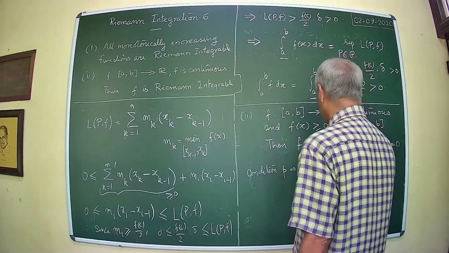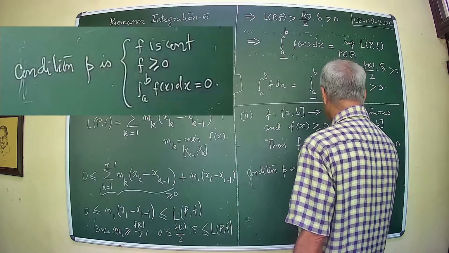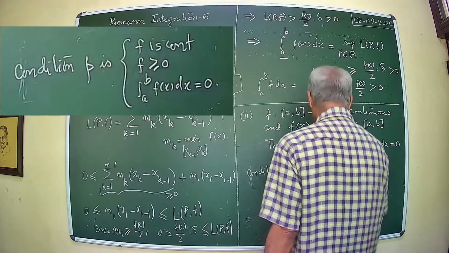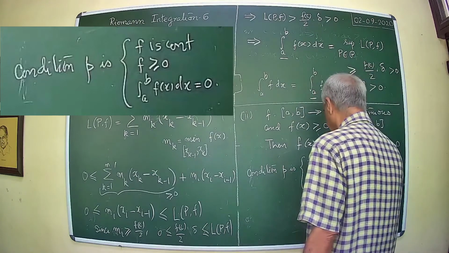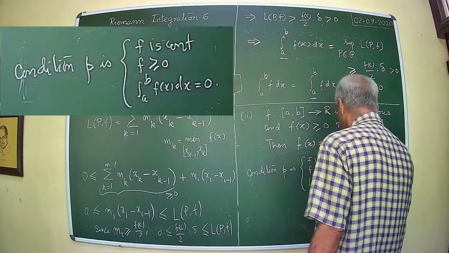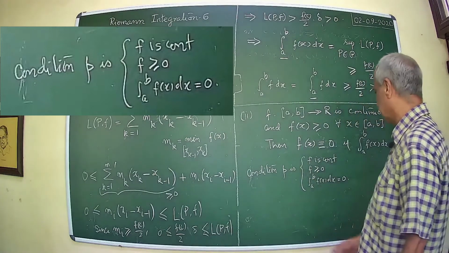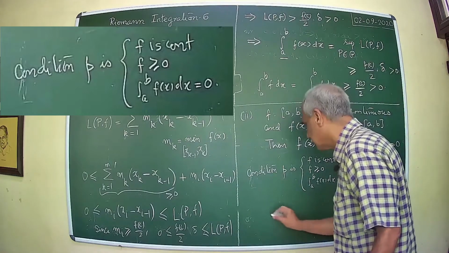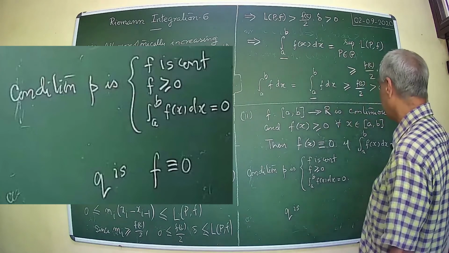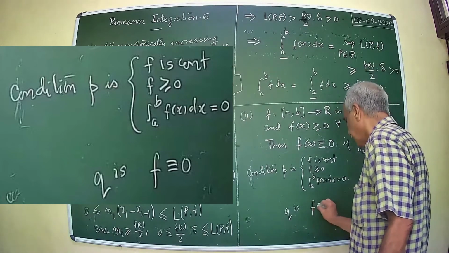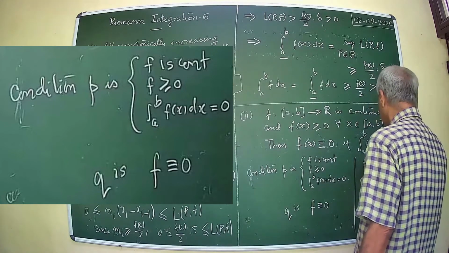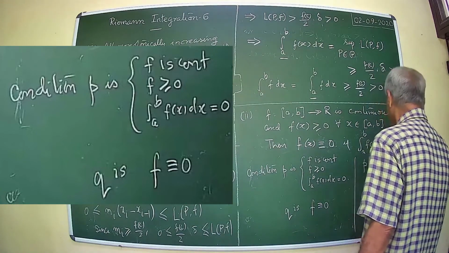One, f is continuous, then f is greater than or equal to 0, and the integral from a to b equals 0. Then condition Q is the conclusion that we are making, f is identically equal to 0. So what we are writing is P implies Q.